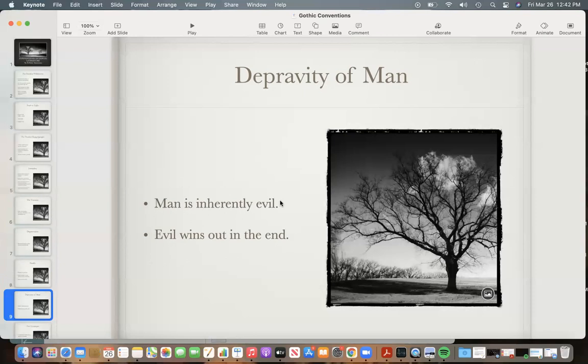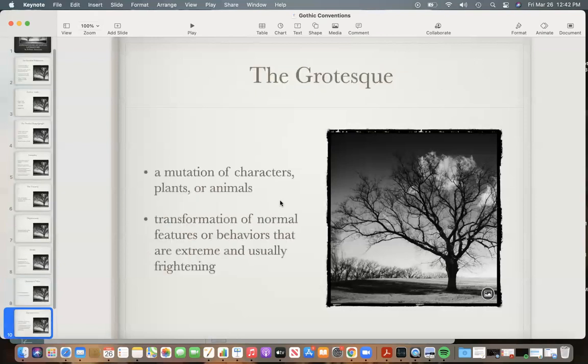It's only after people are cruel to him that he decides to become a vindictive, terrible monster. But it also includes the idea that evil wins out in the end. And I think you could make the argument that it does. I mean, Victor doesn't really get revenge on this monster. But I guess that also brings up the question of who we think is the most evil in this book.